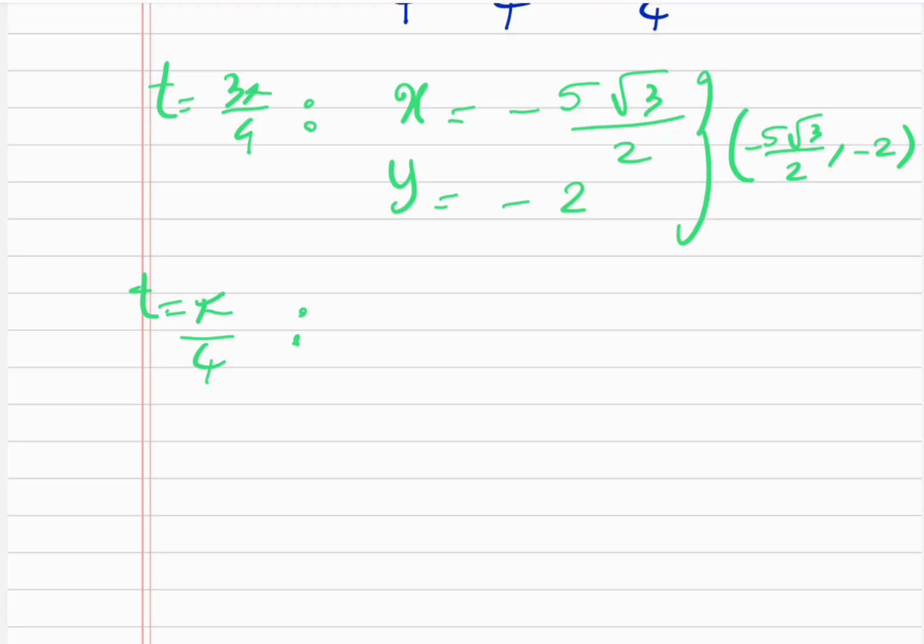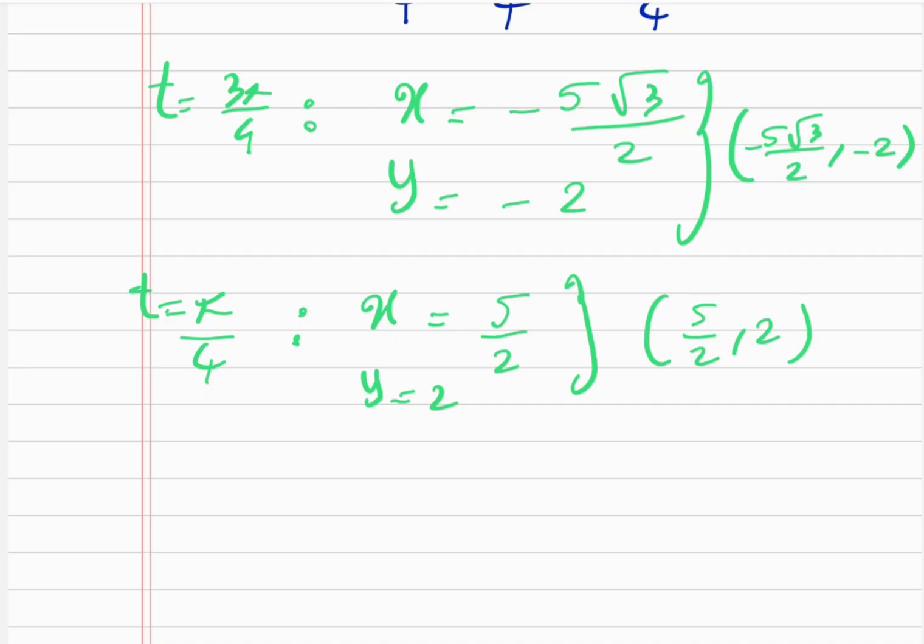Again, it's just calculator work, so I read the wrong values. So when t is equal to pi over 4, x is equal to 5 over 2, and y is equal to 2. So the point is going to be 5 over 2 and 2.